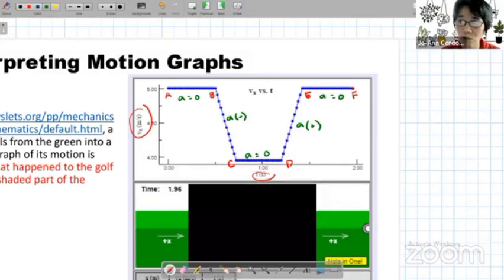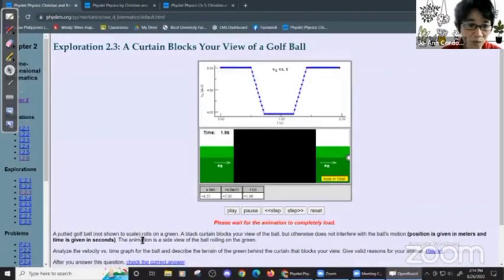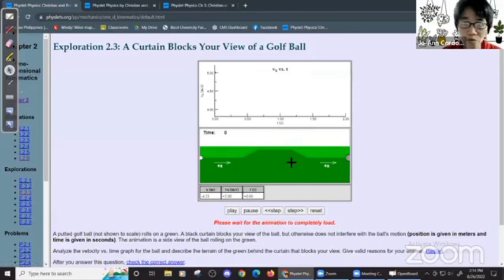So if we go back to our animation here, and what we do is we remove the cover, the black box. What you will see, please, is actually here comes our ball, first exhibiting constant velocity, and then because it has to climb up the terrain, it will now experience the negative acceleration.